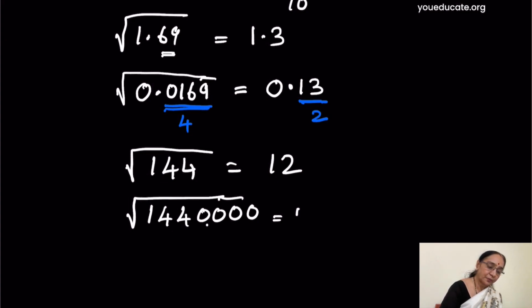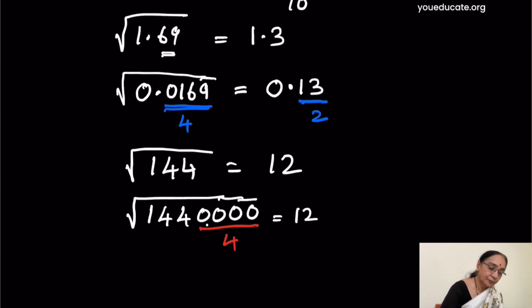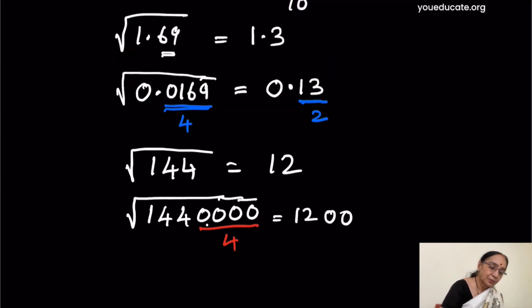Now 144 has square root 12, and how many zeros are there after the number 144? There are 4, and in your square root you will have half the number of zeros, so it's going to be 1200.